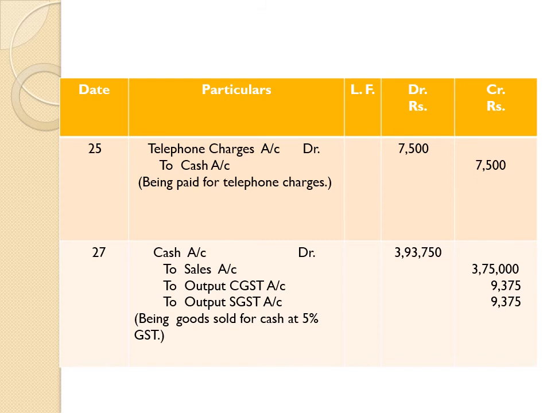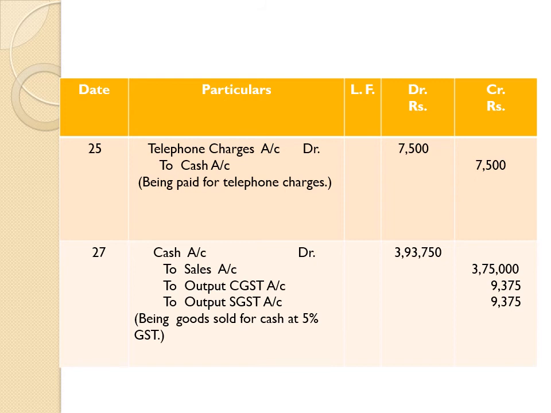So cash account debit 3,93,750, to sales account, mention amount of actual sales 3,75,000. Then 5% GST has been divided as 2.5% for central government, 2.5% for state government.